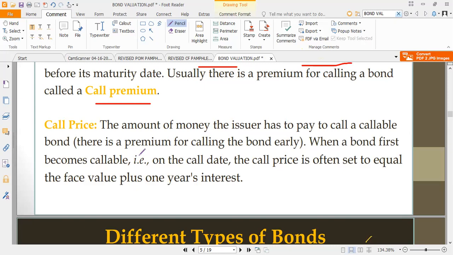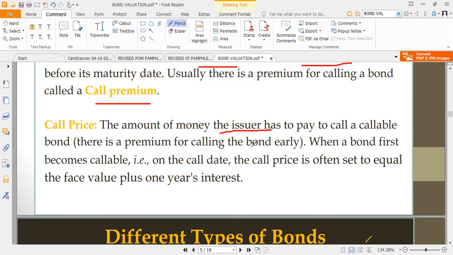There is a premium for calling a bond early. This premium is paid by the issuer. So you say, I'm supposed to issue a bond for 10 years at 10%. So I'm supposed to give you 1,100: the 1,000 par value and the 100, which is the coupon interest.